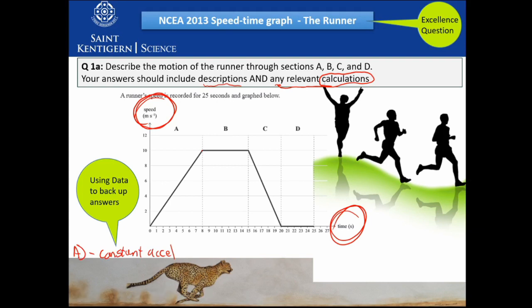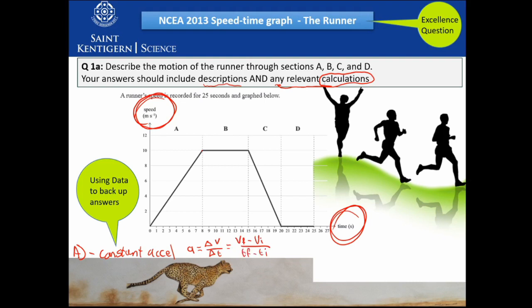So remember, acceleration is our change in velocity over change in time, which is velocity final minus velocity initial divided by time final minus time initial.